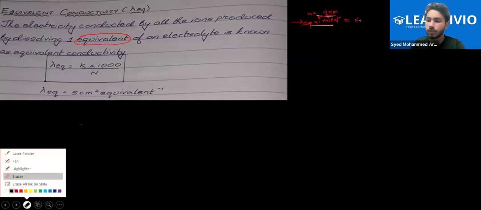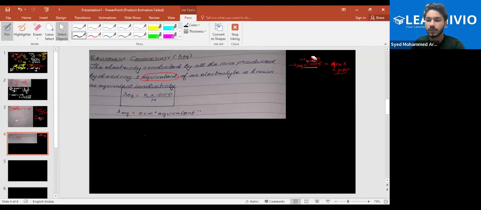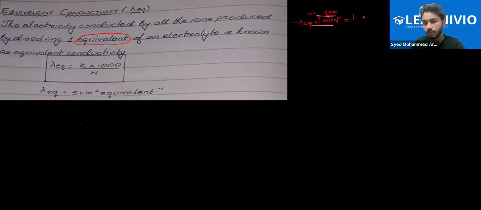So the equivalent conductivity, lambda equivalent, equals kappa multiplied by 1000 divided by normality. Understood? So it is the equivalent conductivity.